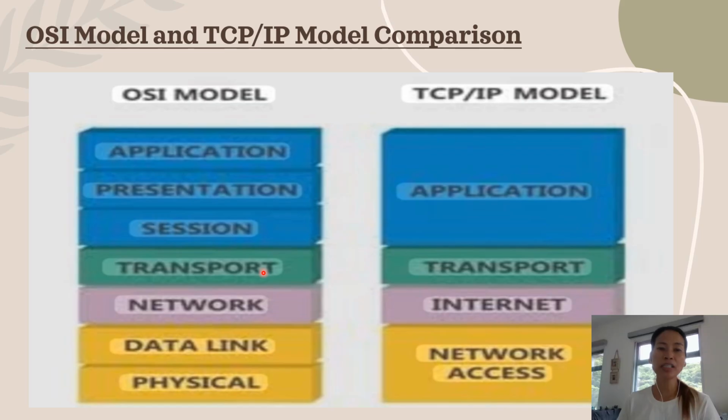The transport layer in OSI is the same as the transport layer in the TCP/IP model. While the session layer, the presentation layer, and the application layer of the OSI model are all wrapped up in the application layer of the TCP/IP model.